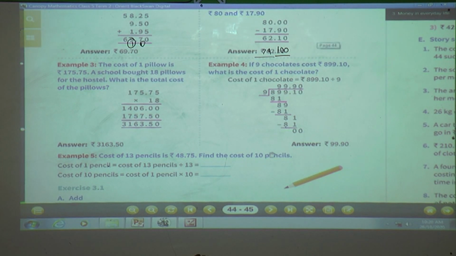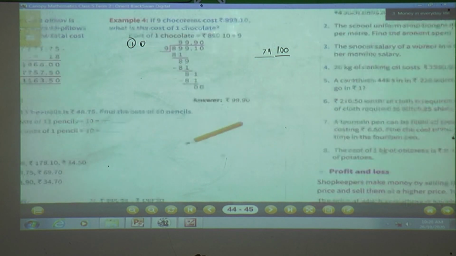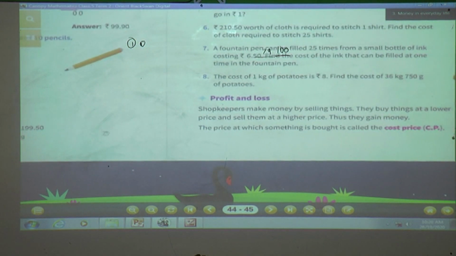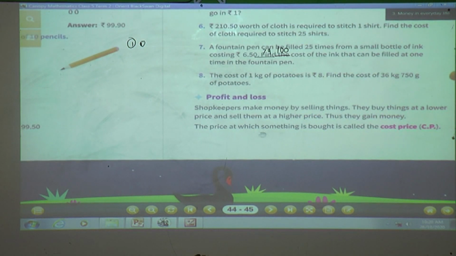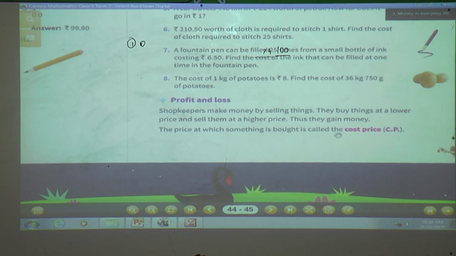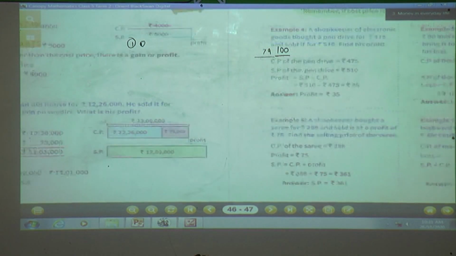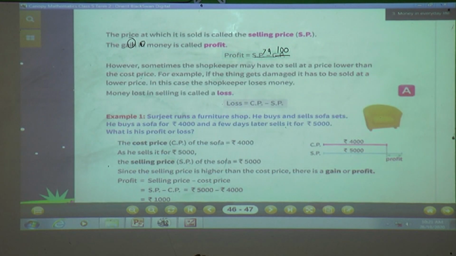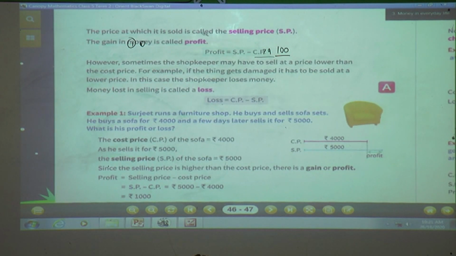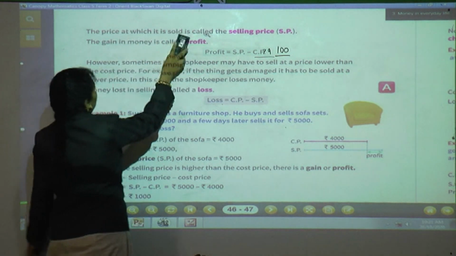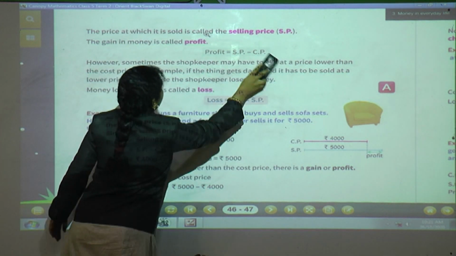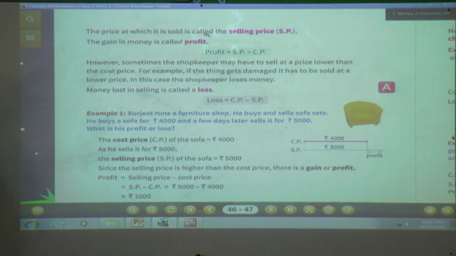So students, now we will see page number 45, profit and loss. The price at which something is bought is called the cost price. Here, see students, the price at which it is sold is called the selling price, and the gain in money is called profit.